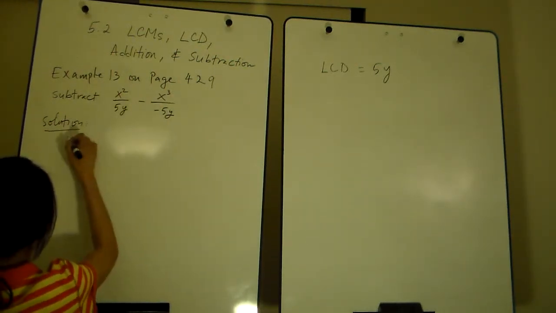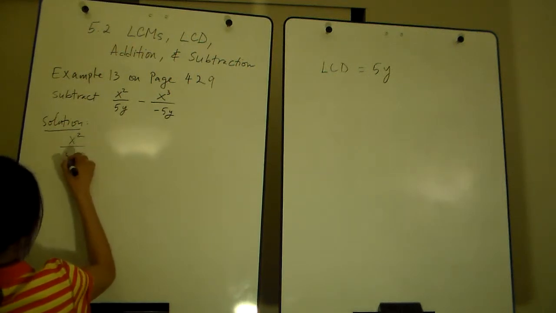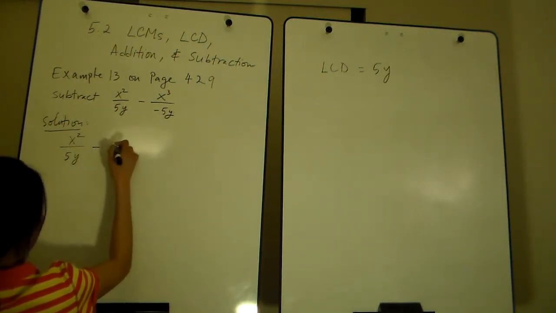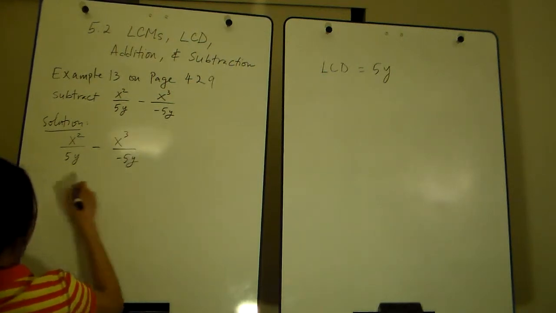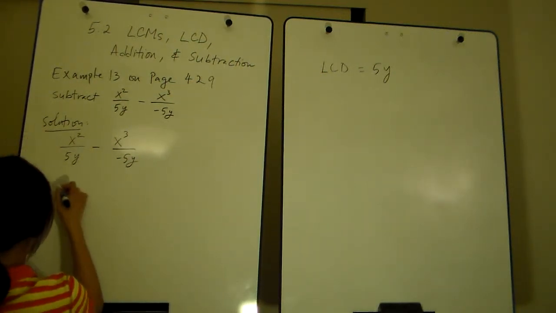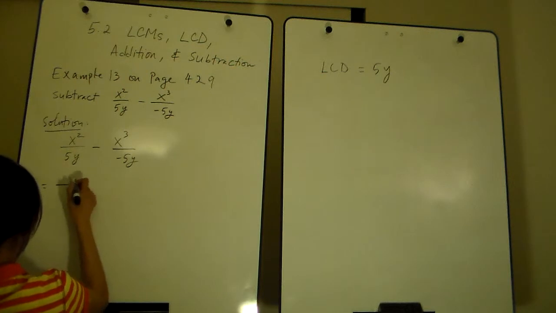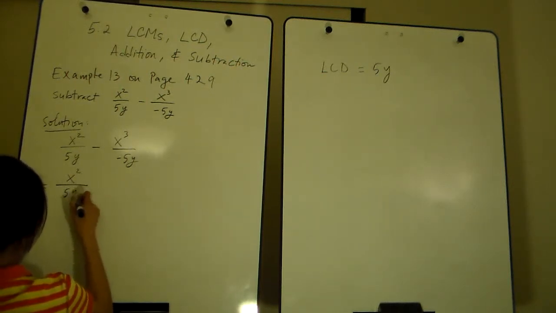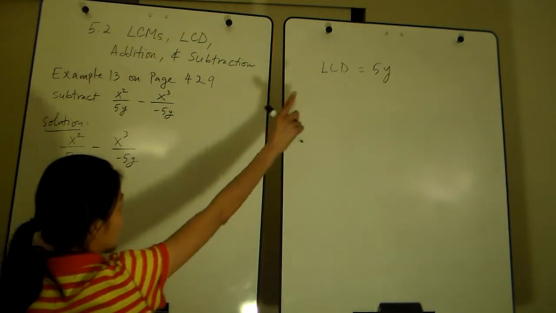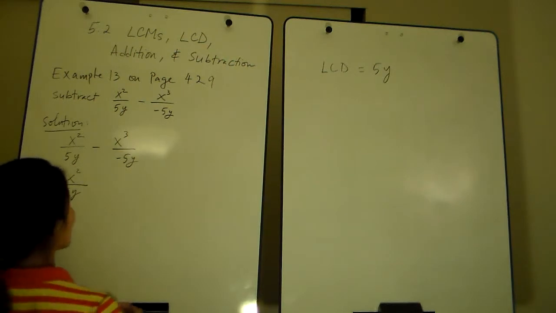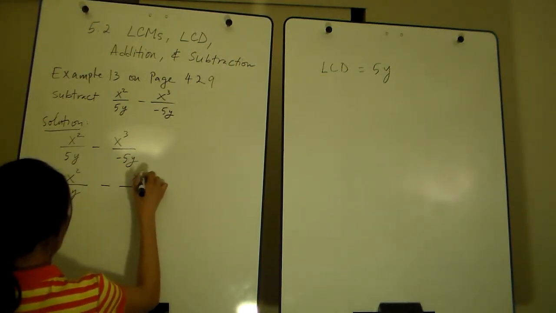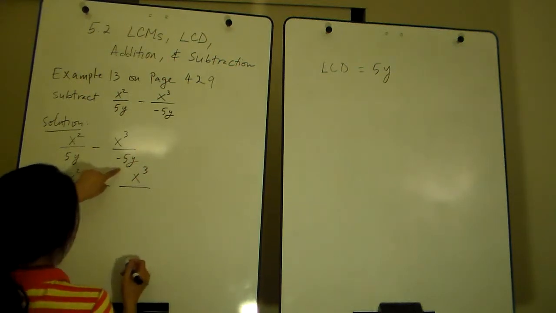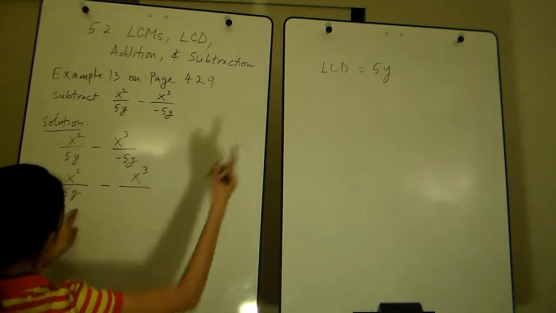Alright, solution. Let me rewrite the original expression. We'll leave this first fraction as is because its denominator is already the same as the LCD. For this one, you factor this out in terms of the LCD.